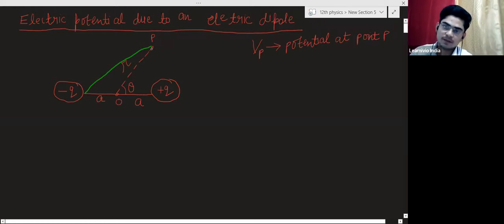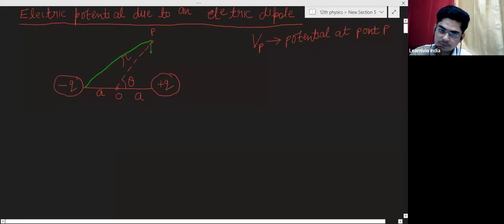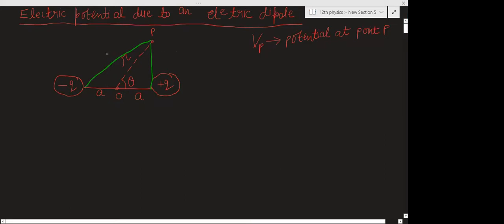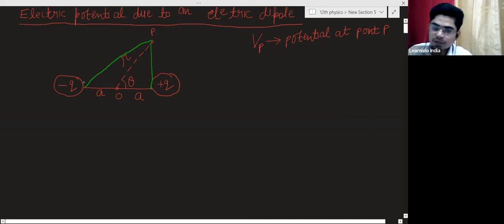I am also drawing a straight line between the point P and where the charge Q is placed.